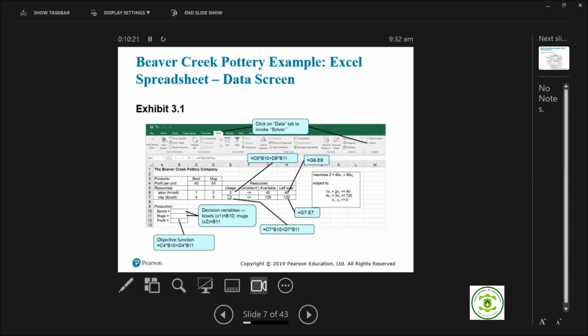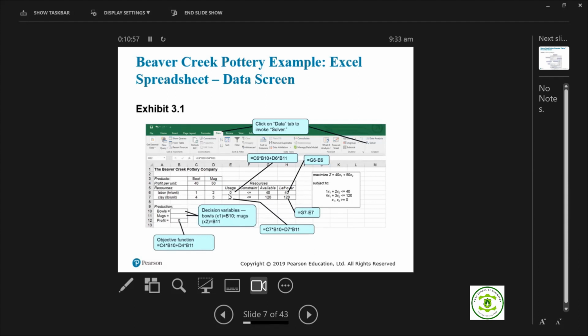So once you open Exhibit 3.1, and then you go to data, and then you click on solve. That's the solver. It's going to calculate the answers for you and fill the optimal values here. These empty spaces will be filled.